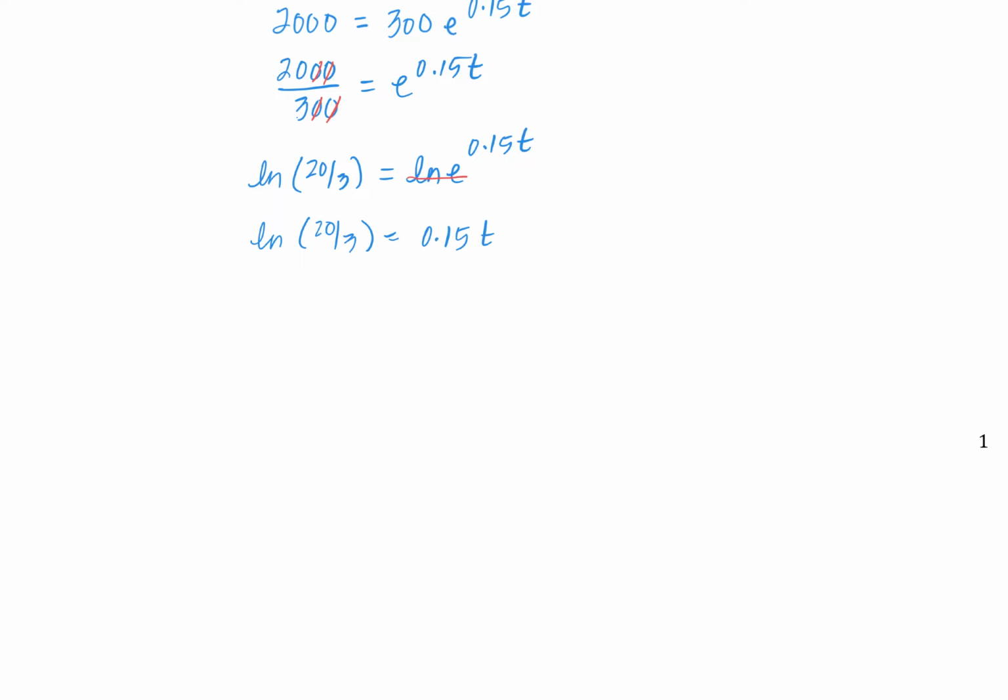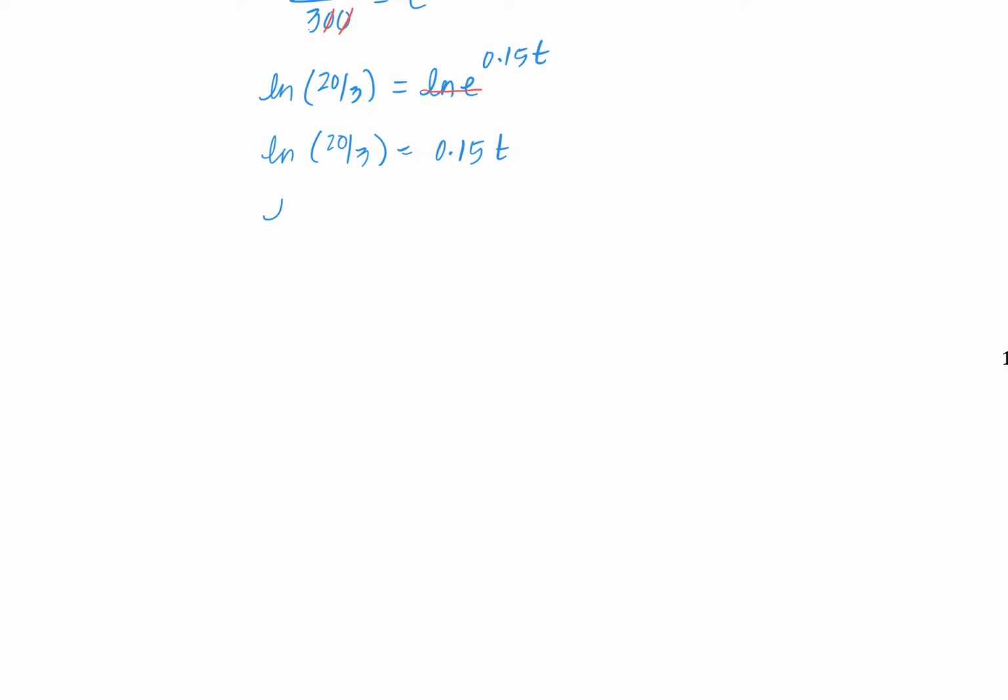And at this point, all I have to do to solve for t is divide both sides by 0.15. And this would be the exact solution. It makes little sense when we're talking about time, and here time is in days, so it's hard to see how many days that is. When I put this in a calculator, I get about 12.7, about 13 days.